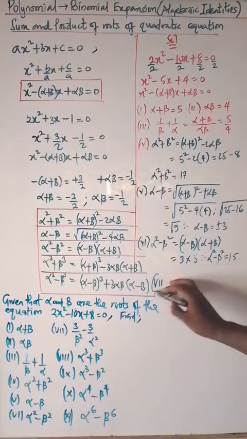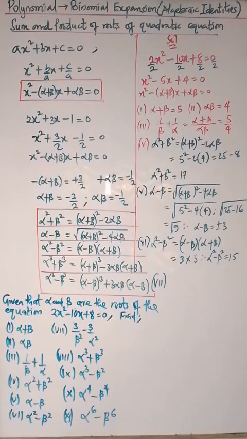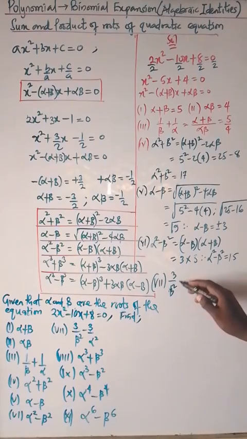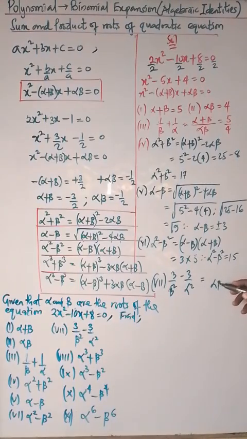VII, the seventh one, we have 3 over beta squared minus 3 over alpha squared. Let's write as a single fraction. The LCM is their product, that is alpha squared times beta squared, and that's alpha beta all squared. So from here, let's just write it beside each other. Alpha squared, beta squared.